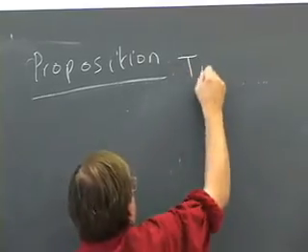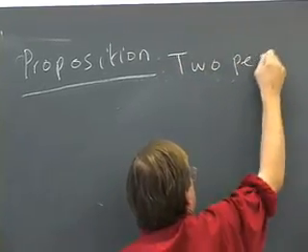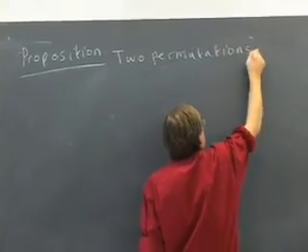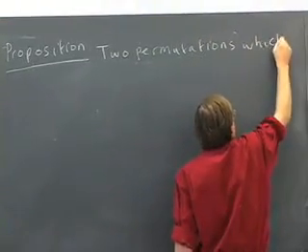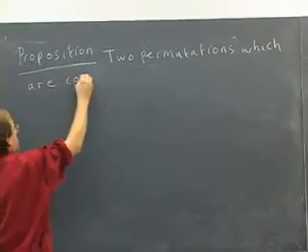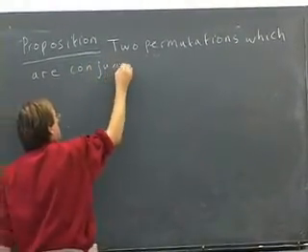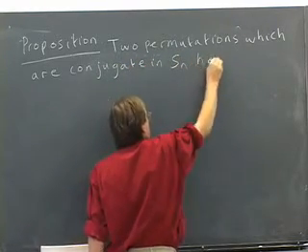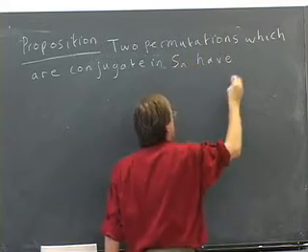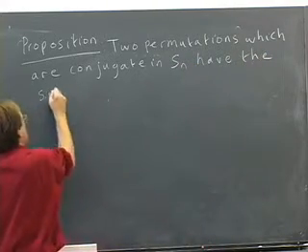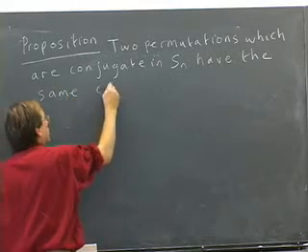So, first of all, two permutations which are conjugate in Sn, the usual words people use are, have the same cycle shape.